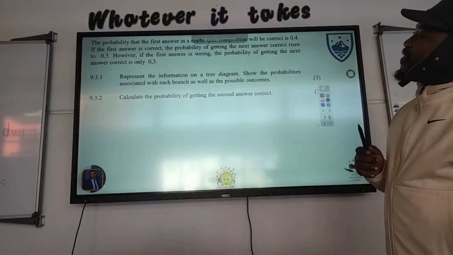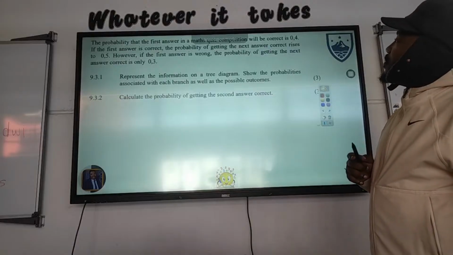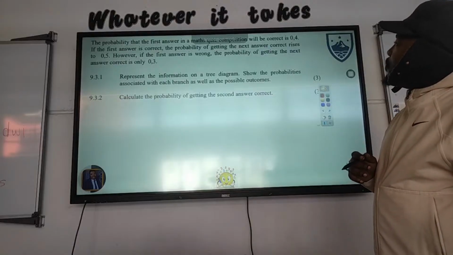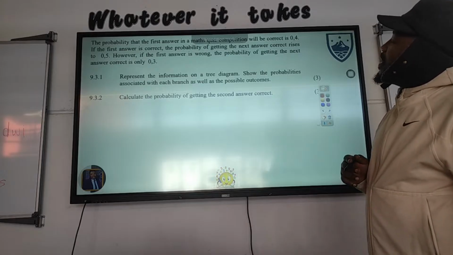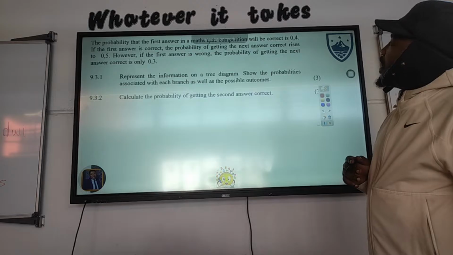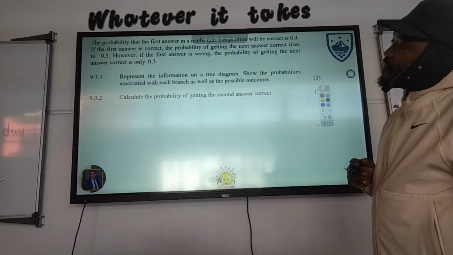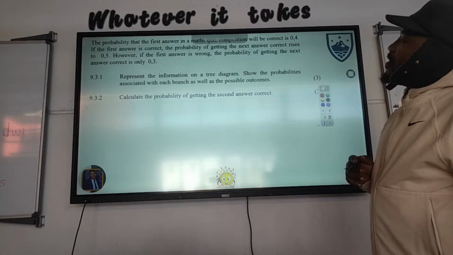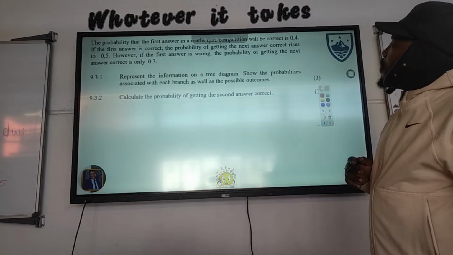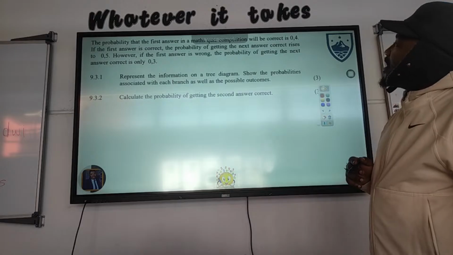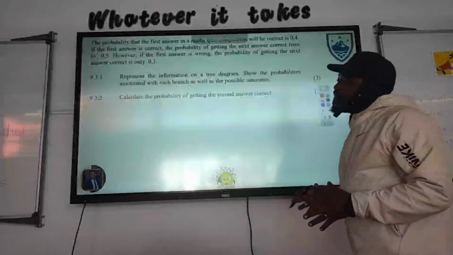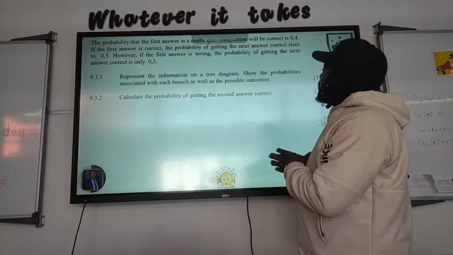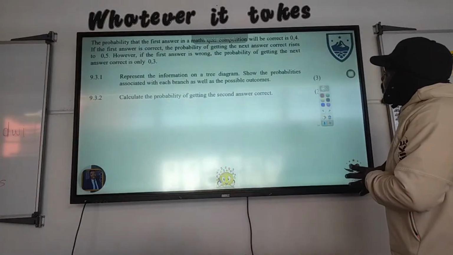The probability that the first answer in a math quiz is correct is 0.4. If the first answer is correct, the probability of getting the next answer correct rises to 0.5. However, if the first answer is wrong, the probability of getting the next answer correct is only 0.4. So from reading the statement, I can see that we have a tree diagram scenario.